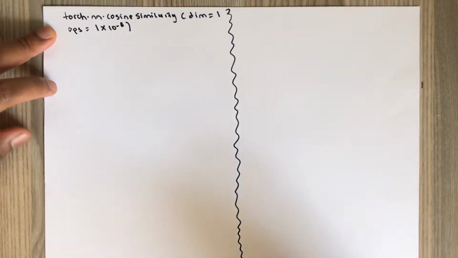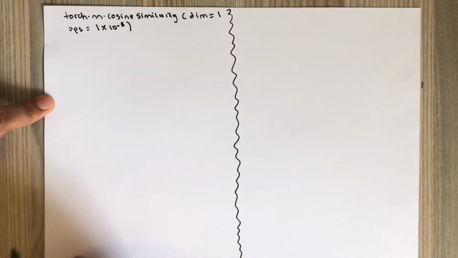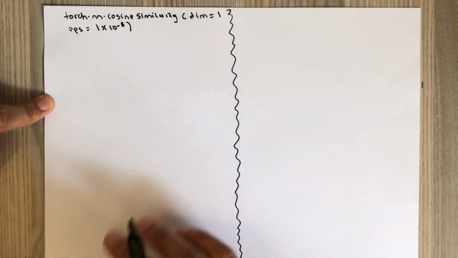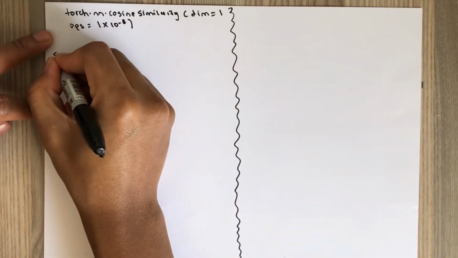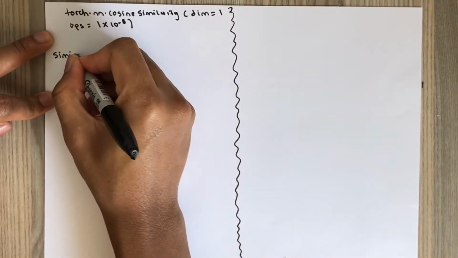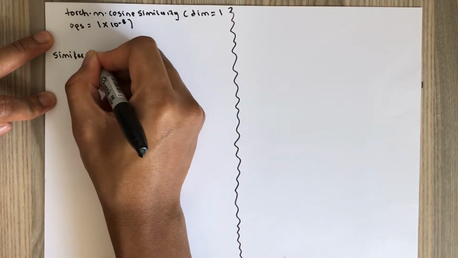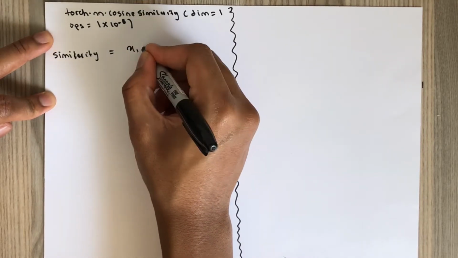Alright, so the formula that this module uses, that I got from the PyTorch documentation, is this: similarity between, say, x1 and x2.